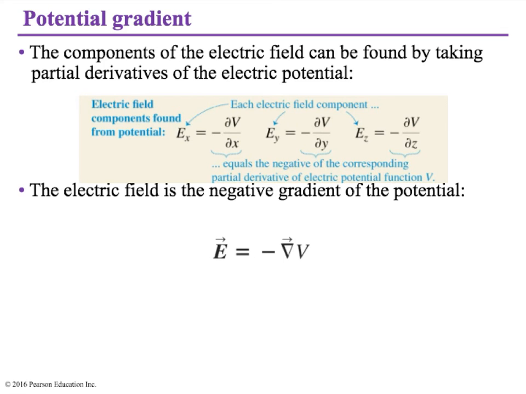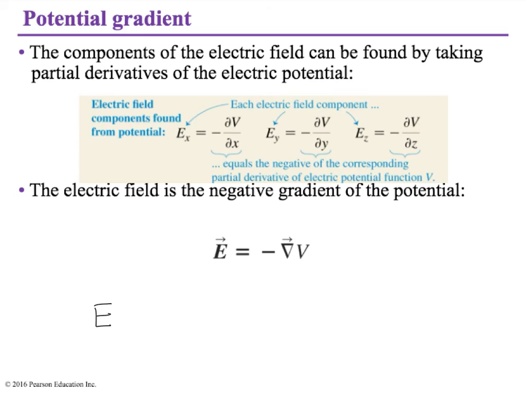If we have more than one component for our electric field, to find each of those components, we're taking what we call the partial derivative. Remember, the partial derivative is really not that bad. It's just taking the derivative with respect to whatever variable you're interested in, and then you pretend all the other variables are constants. And so the electric field ends up looking like this.